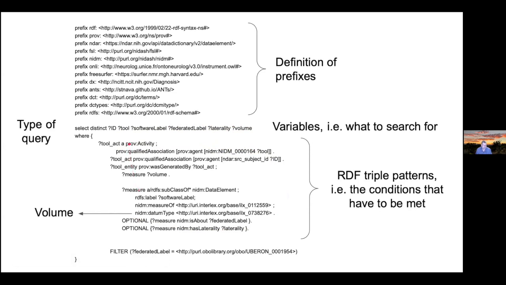And so again, since this is a graph type structure that we're querying over, we need to basically define what we're actually pulling out, right? So, based on an activity, by a tool, that results in some measures and volumes.